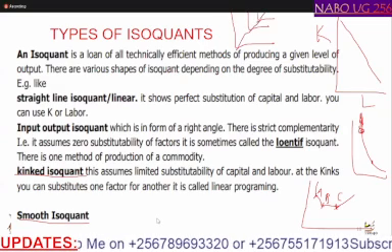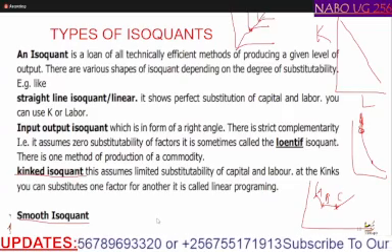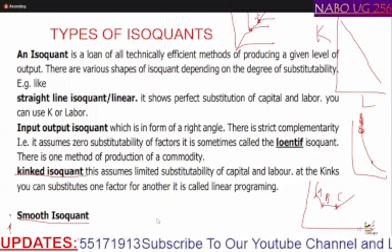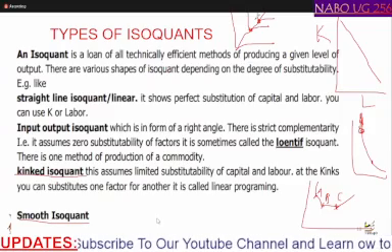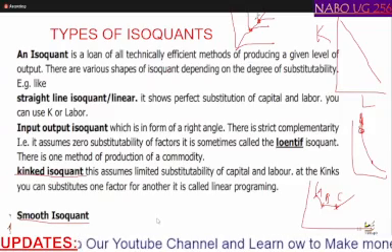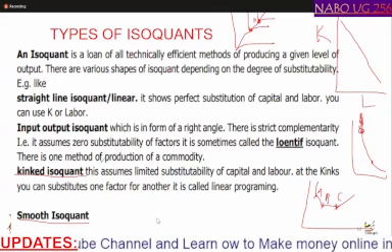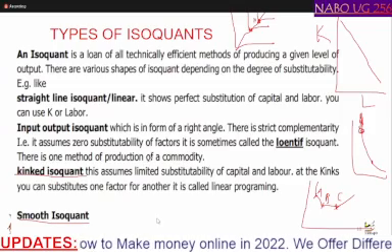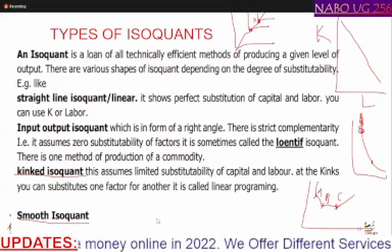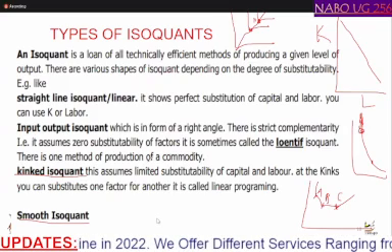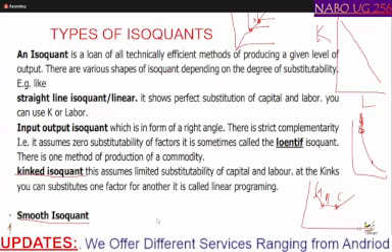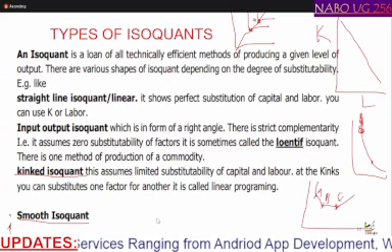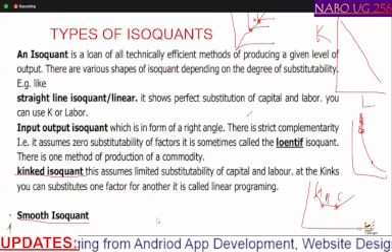There is no other alternative here. You can produce at this combination. So those are the various types of isoquants you'll be looking at.